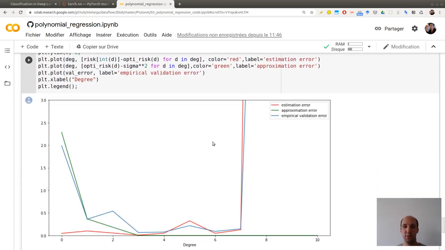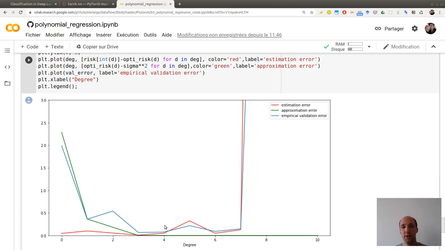So this is why it's blowing up when k is big. In green, you have the approximation error. The approximation error is a decreasing function of k. And actually, in our case, we know that as soon as you consider a polynomial of degree at least 3, the approximation error is 0. So you see that it's 0 over there.